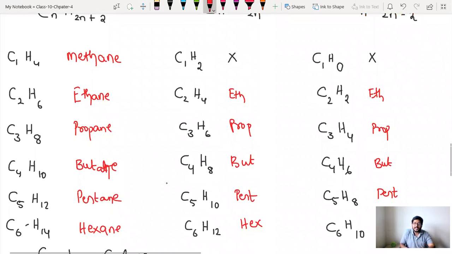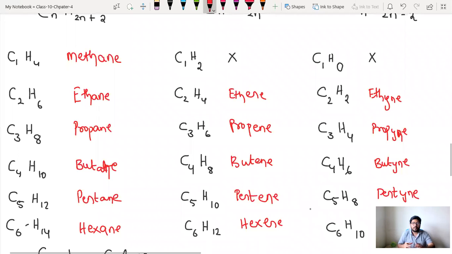Now this is alkene category: ethene, propene, butene, pentene, hexene. This one, alkyne category: ethyne, propyne, butyne, pentyne, hexyne. Very simple and easy, isn't it? So whenever they give you a formula, you can take this one as a screenshot.